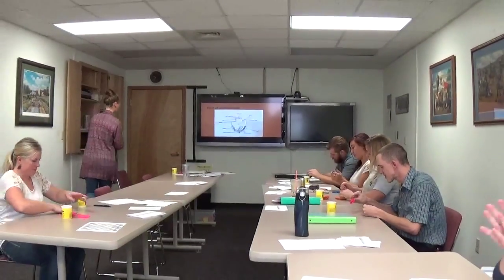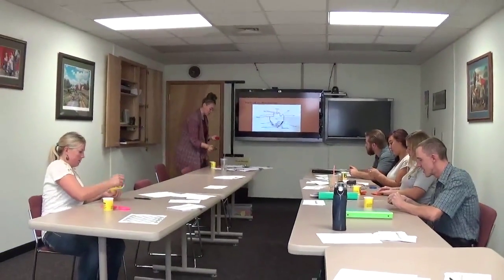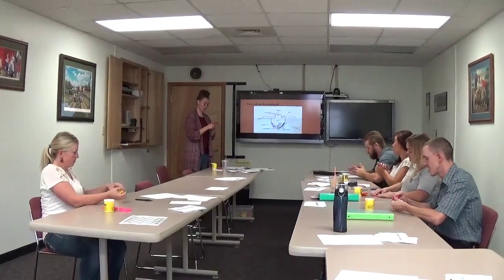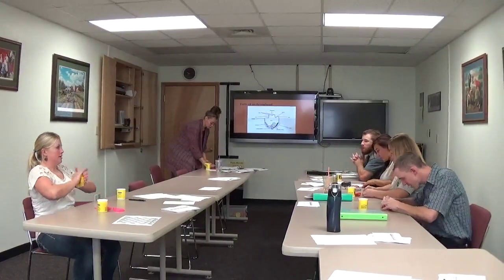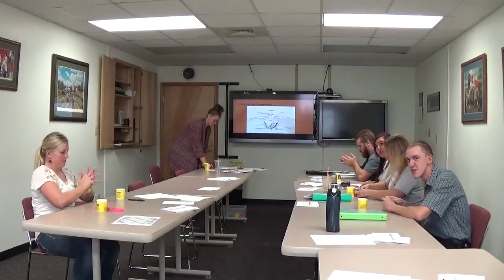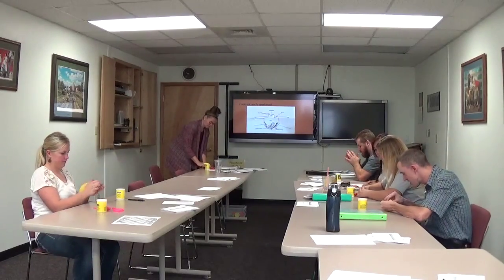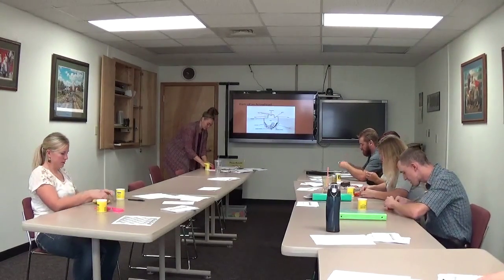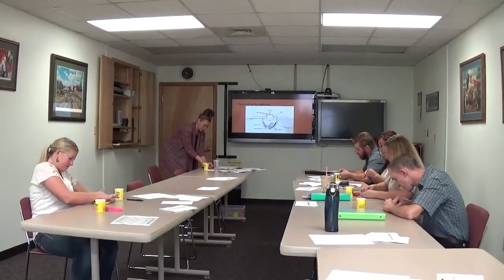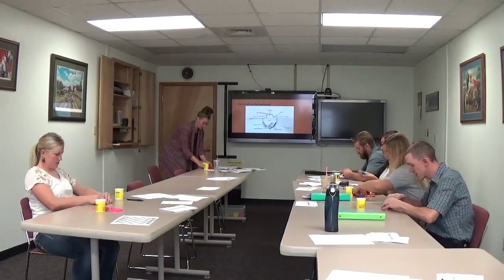Alright, so we're just gonna rough out kind of like what the arrowhead looks like. It's got the bifurcation at the top. It makes two kind of pointy things for the base.